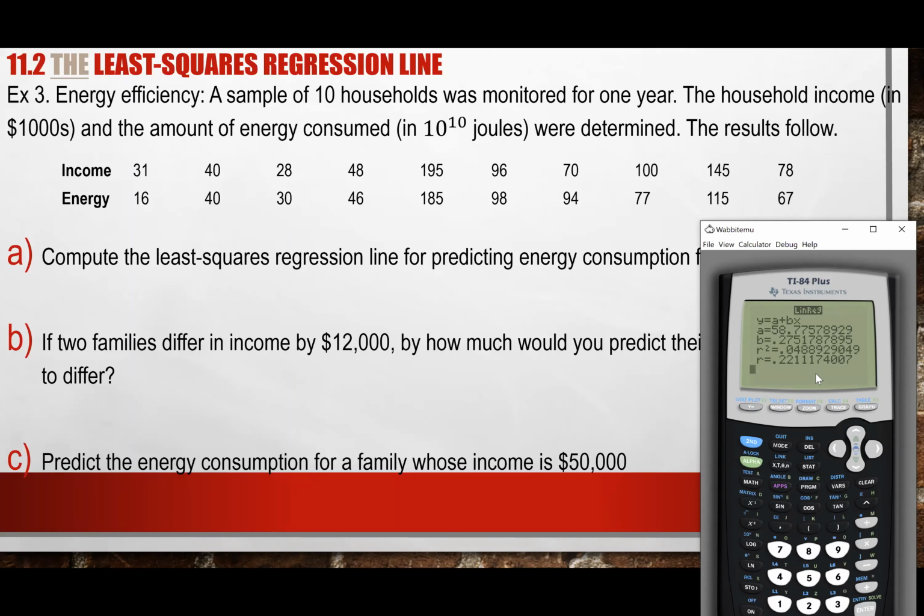Is this what we have? Did I enter my data wrong? 48. My data is wrong here. That's why I have an outlier. It's 195, not 19.